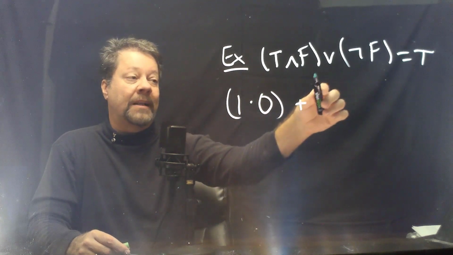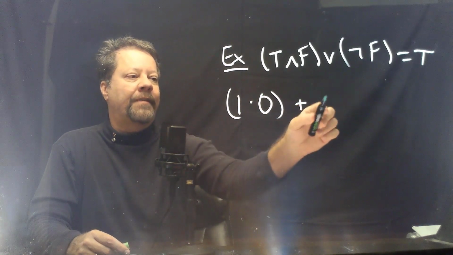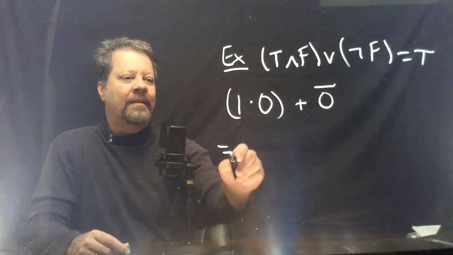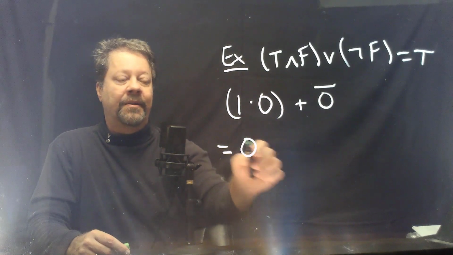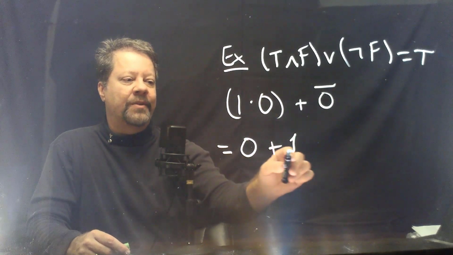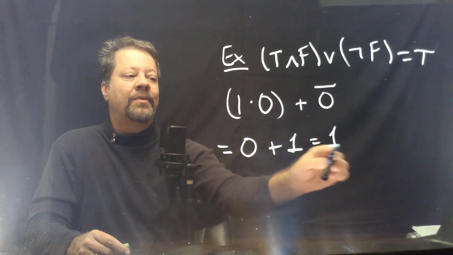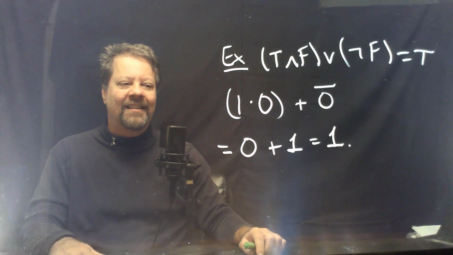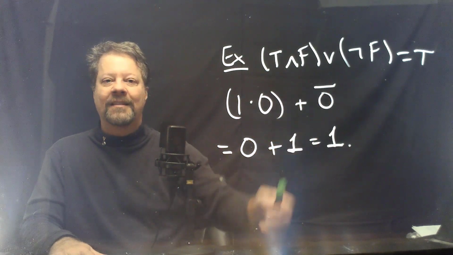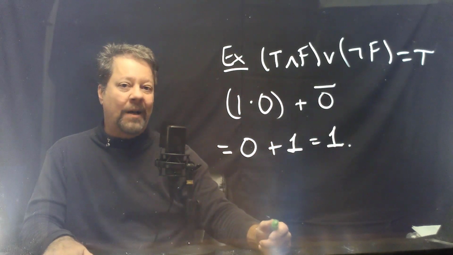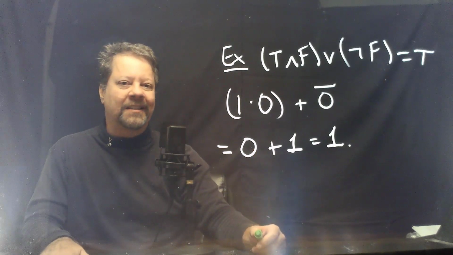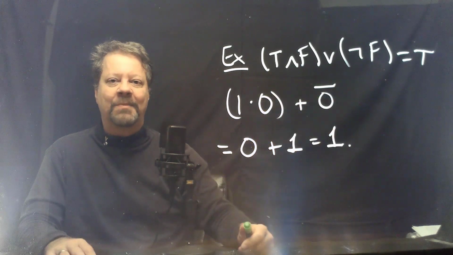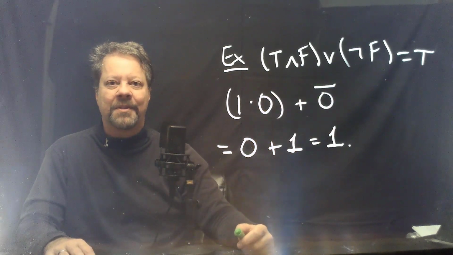Or is plus, and this is the complement of false. You can see 1 times 0 is 0, and the complement of 0 is 1. 0 plus 1 is 1, yielding true. It's kind of remarkable that we can do logic with numbers 0 and 1 using this Boolean arithmetic. As you can see, this makes it possible to prove expressions using computers, zeros and ones.